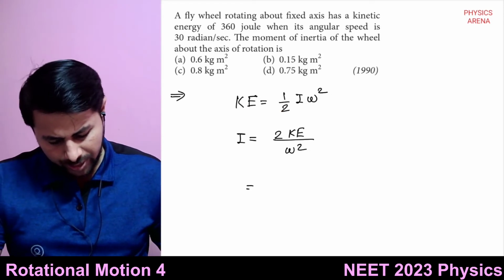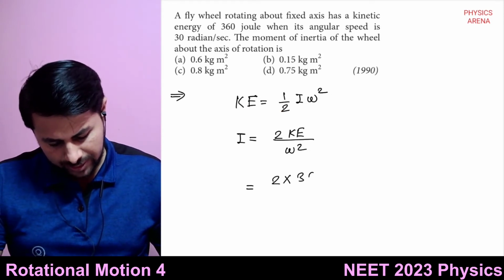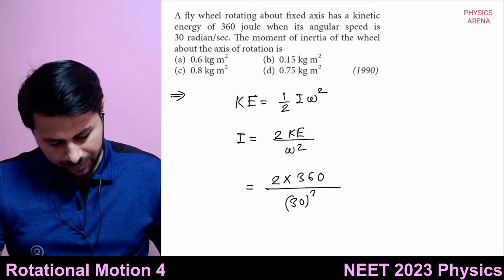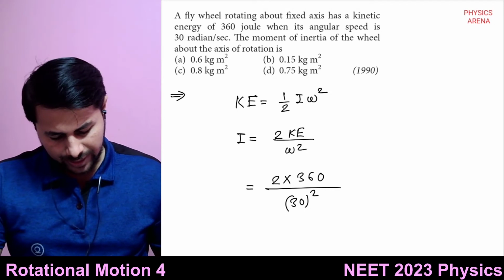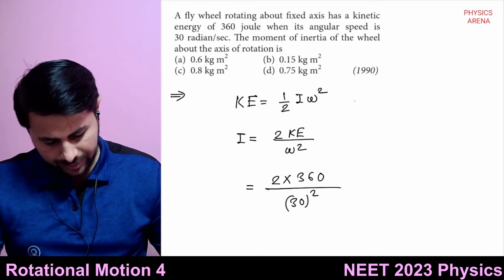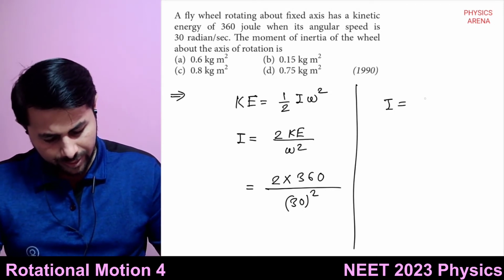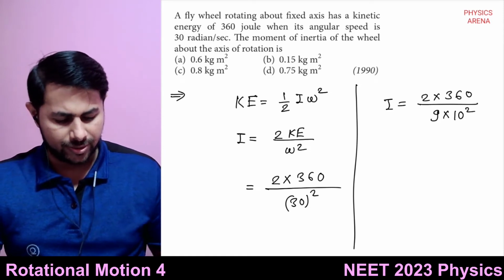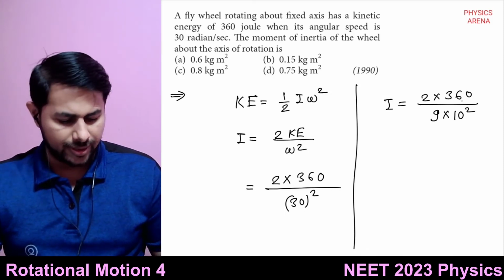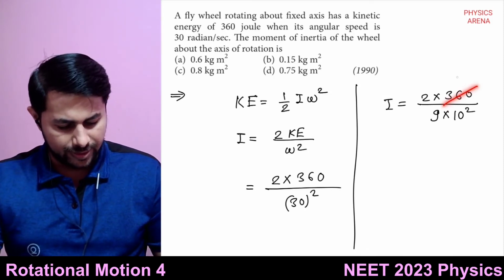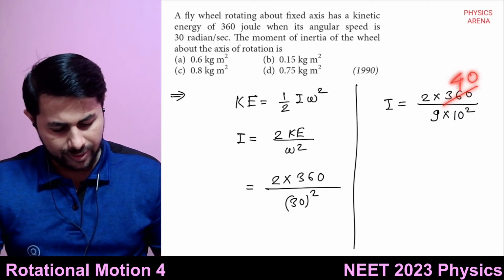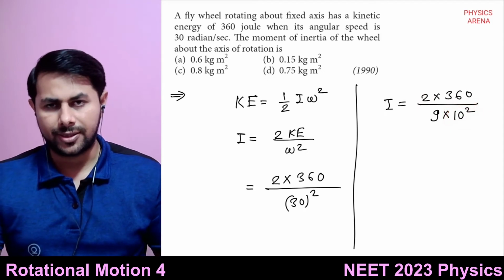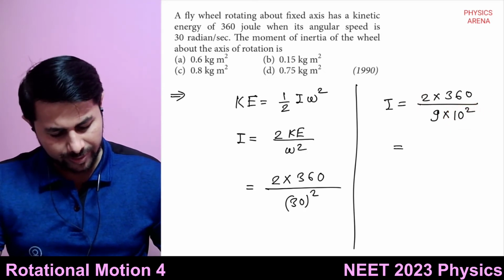So now we just have to put the values. So it is 2 times 360 divided by 30 square. Okay, so 30 square is 900. So I is equal to 2 multiplied by 360 divided by 9 into 10 raised to 2. So 9 fours are 36, so this will be 40. 4 twos are 80, and 10 raised to 2, take it to the numerator, it will be 10 raised to minus 2.